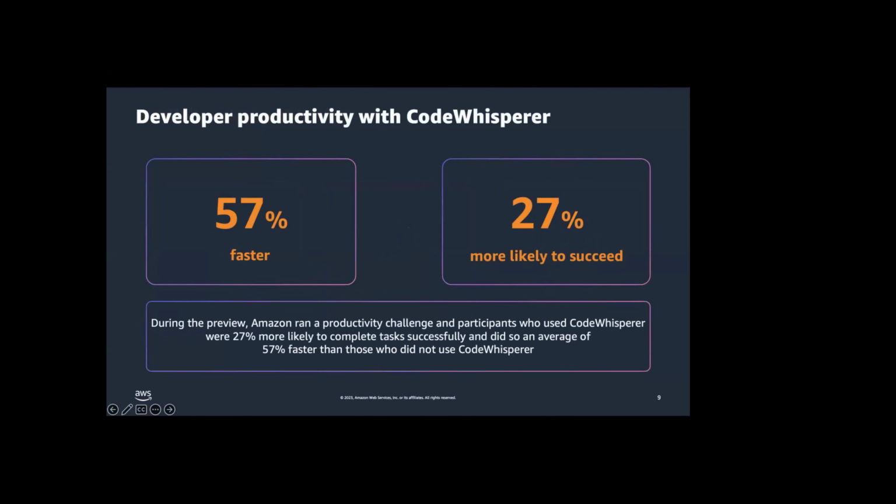So the promise of CodeWhisperer is making you go faster, obviously. They're saying here, based on customer feedback and some trials of CodeWhisperer, that they're seeing as much as 57% faster coding, and faster tends to lead to success or failure faster.